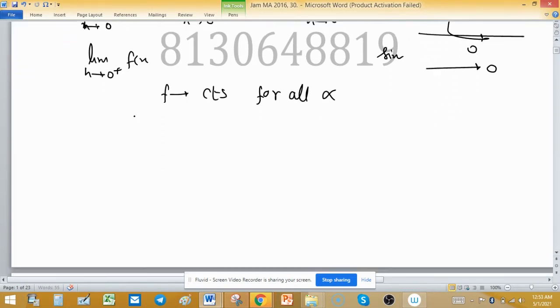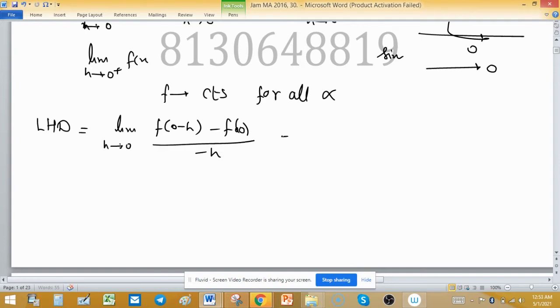Now we are going to check whether the function is differentiable or not. First the left hand limit will be limit h tends to 0 of f of 0 minus h minus f of 0, divided by minus h, and this is equal to limit h tends to 0 of f of minus h minus f of 0, divided by minus h. The value of the function at 0 is 0.